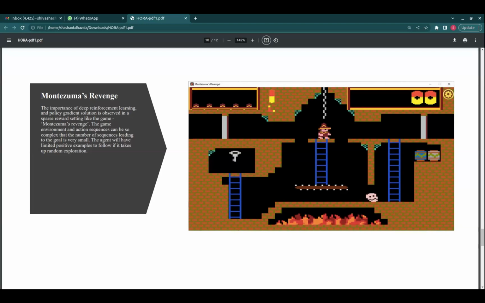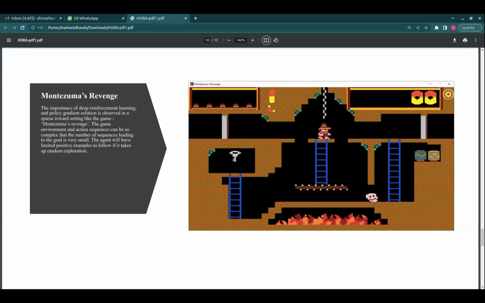If you see, the entire environment is complex here, and there are billions of action sequences possible. Just because one step goes wrong at the end doesn't mean you can discard the entire action sequence. So you will have to keep track of the entire sequence and know which exact step went wrong for the agent. Only then can you carry out this training in a very efficient way.